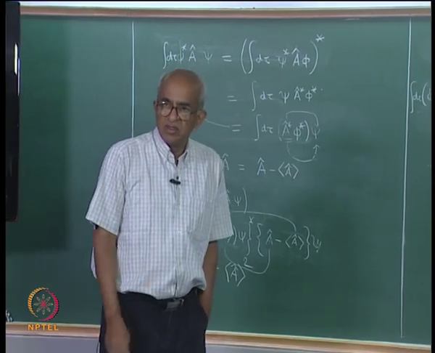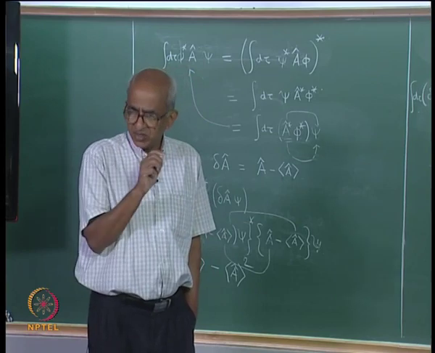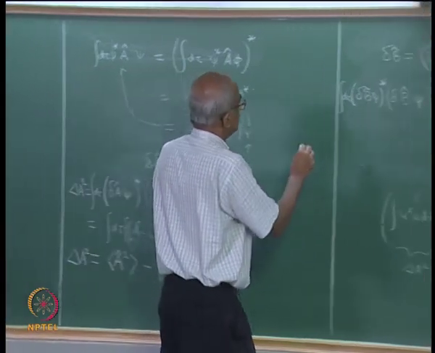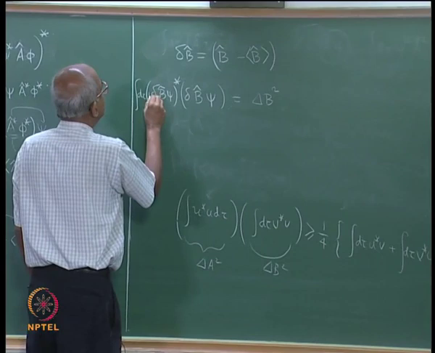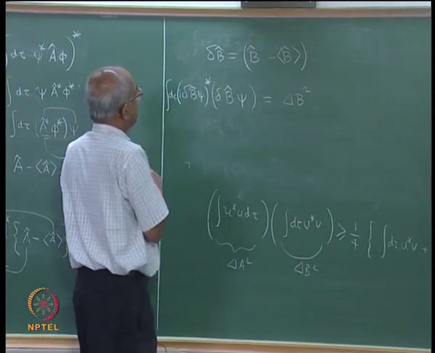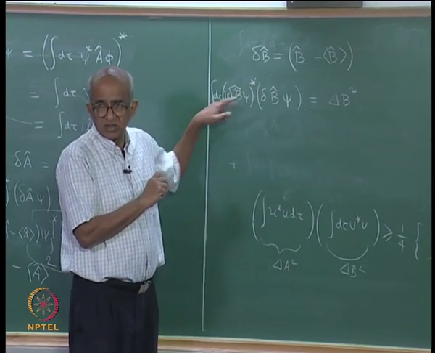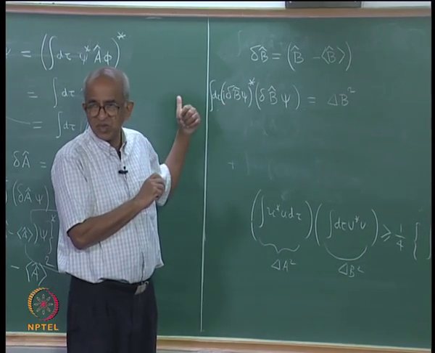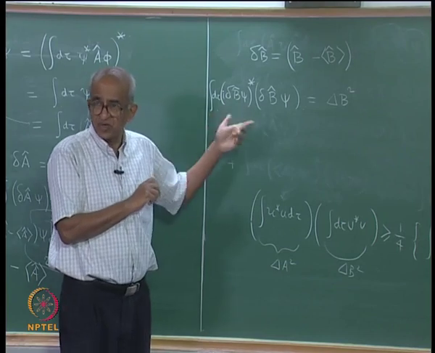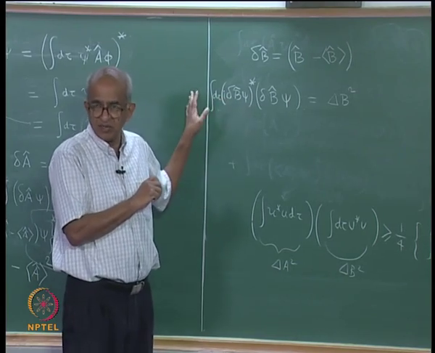Right. If you agree with that, then I am going to make a slight modification by introducing an i here. If I had put an i there, what is going to happen? I am going to take its star, so it will come out and it is going to be minus i. I have to neutralize that, right. I mean, I cannot just have an i minus i.